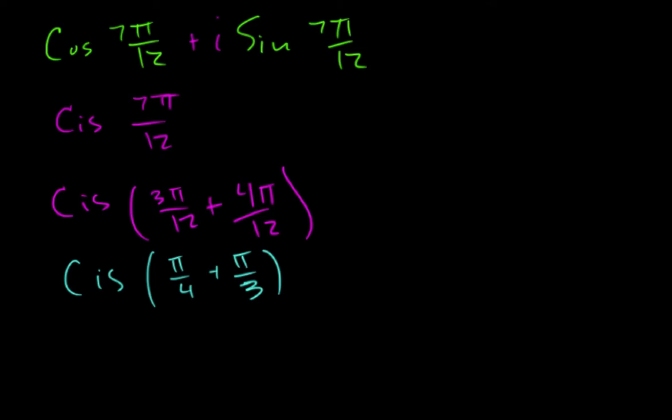And those are two things on our unit circle that we know where they're at. Now if we write this in, we know that this is going to be multiplied together. So we're just using those properties of cis.